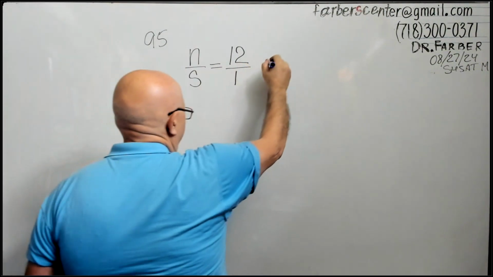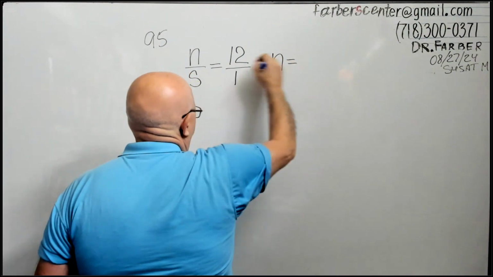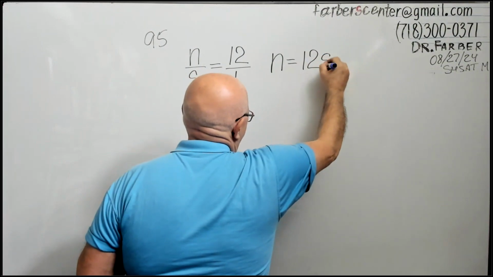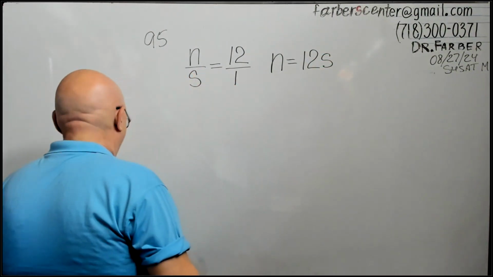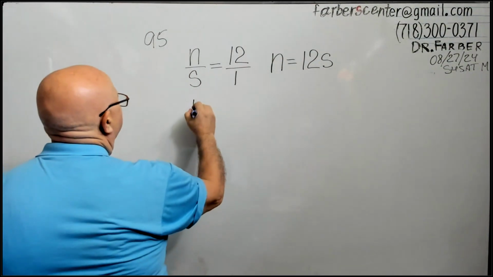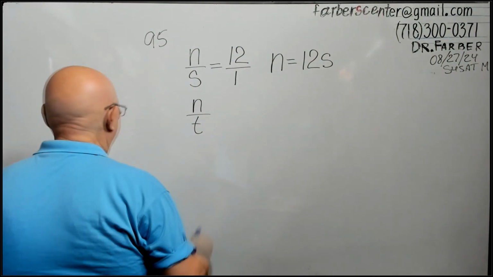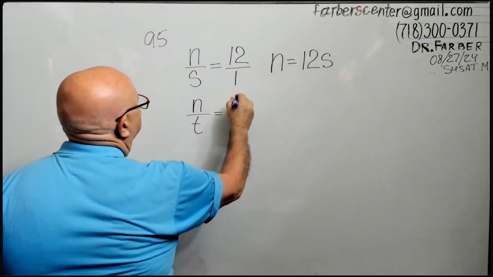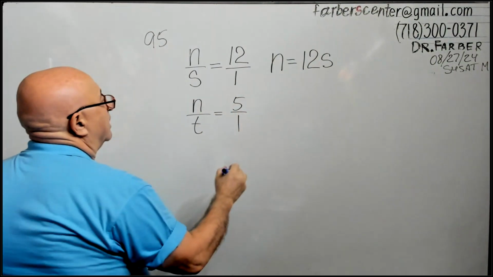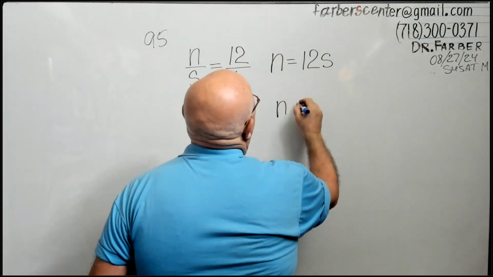Cross multiplication, n equals 12s. After that, they said when n divided by t, the result equals 5, or 5 over 1. Cross multiplication, you get n equals 5t.